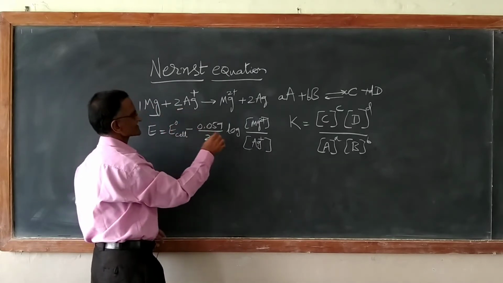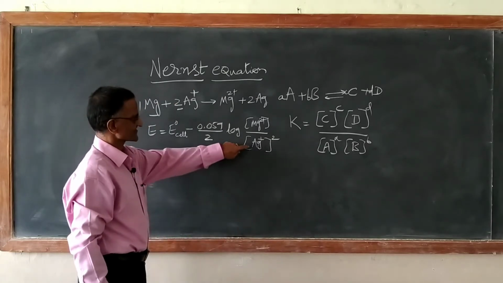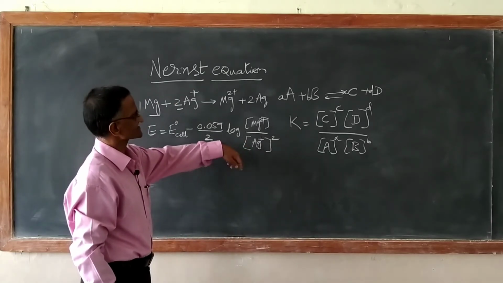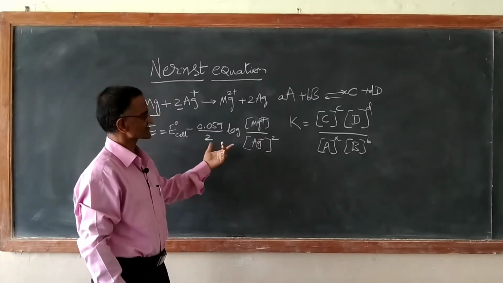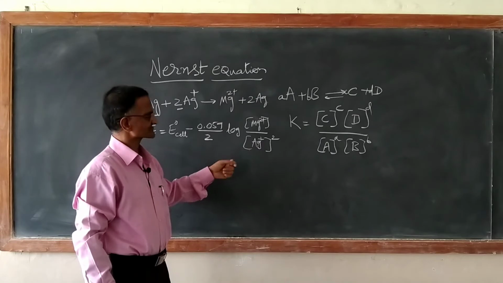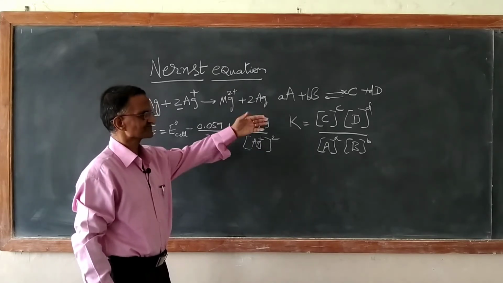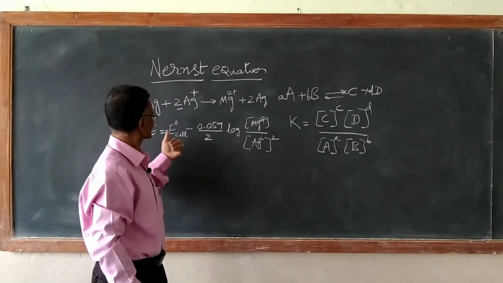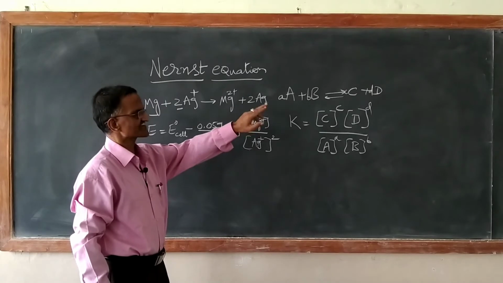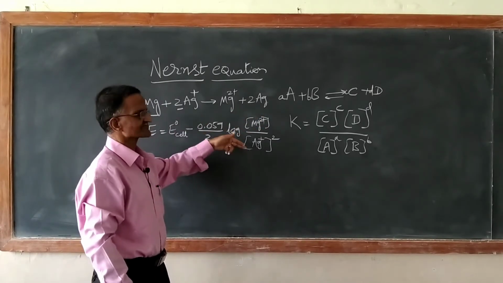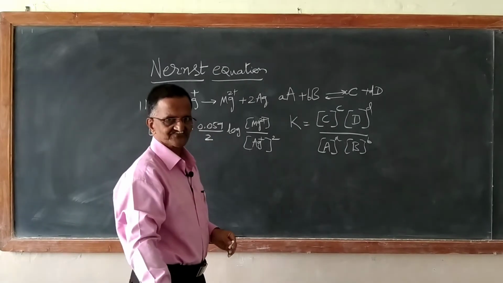So I should write the expression only when I take the square of the concentration of Ag+ ions in the right half cell and do that calculation, then it will be right. Don't forget to write the expression like this, and then take the values, square them, and you will get E cell. So in general, don't just take A plus B gives C plus D. See the equation and then solve the problem. Done? Right. Next we'll go ahead.